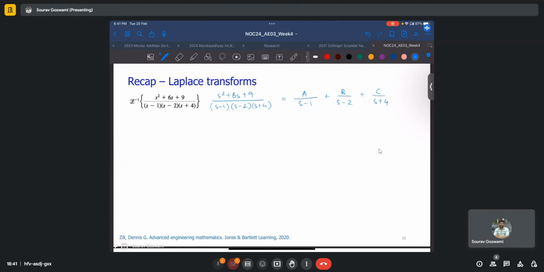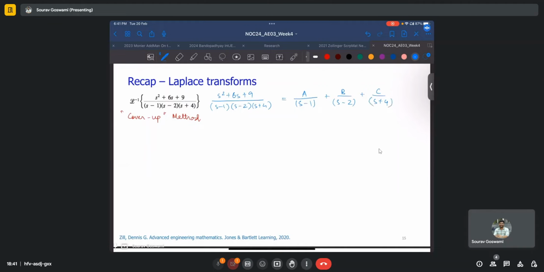Perhaps a far quicker method is something known as the cover up method. And no, we are not really trying to cover up any mistakes. That's the actual name of the method. How this works is, say, I know that s equals 1 is one of the roots for this equation.